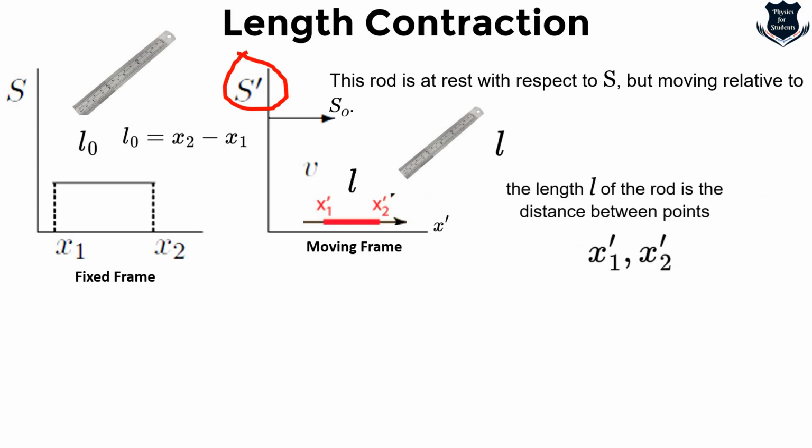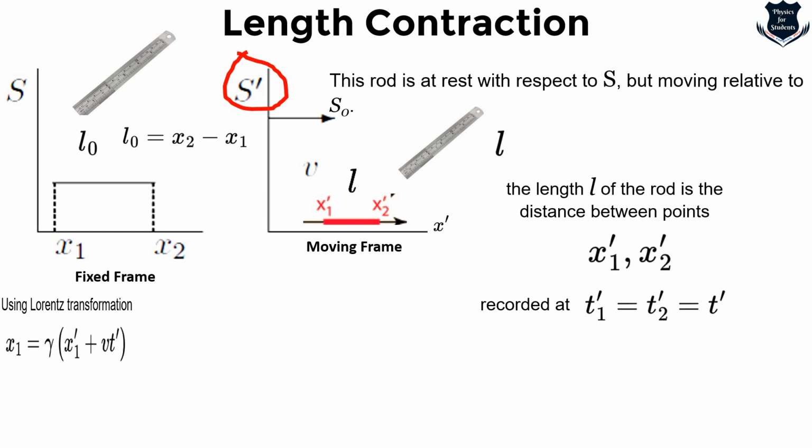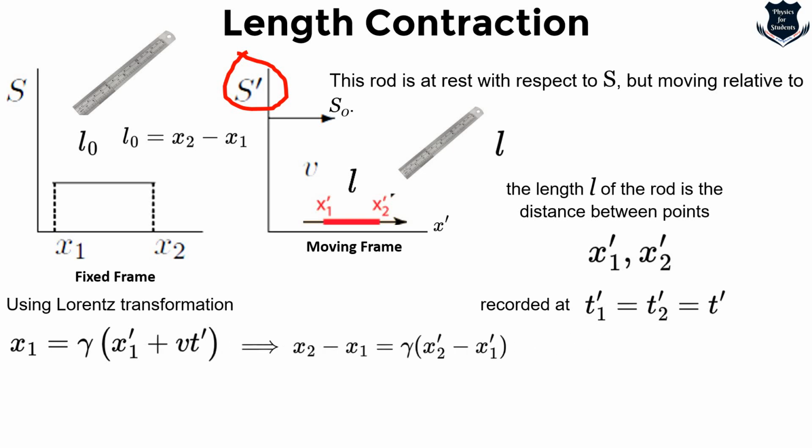In the S prime frame of reference, which is just now highlighted, the length L of the rod, the distance between x prime 1 and x prime 2, would be recorded at this time. Very simple, t1 prime equal to t2 prime. Using the Lorentz transformation we can find this one, and with some easy equations which you can easily do, we get to this one, and finally we get this.